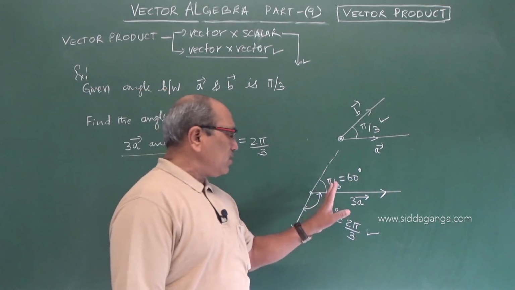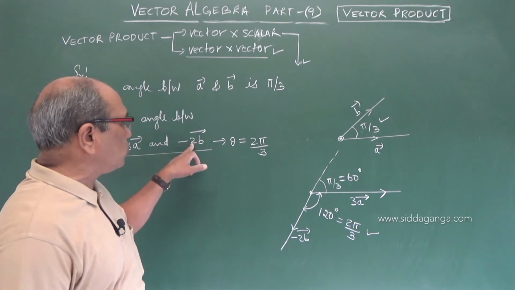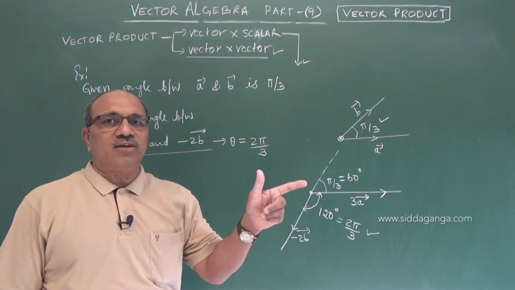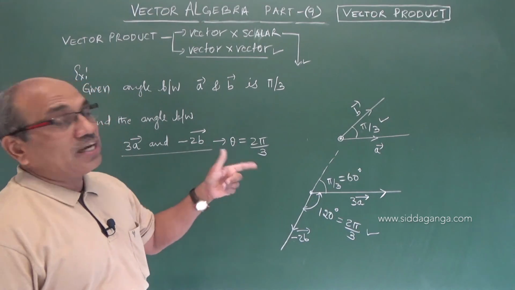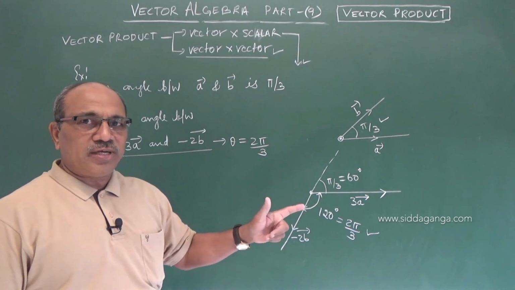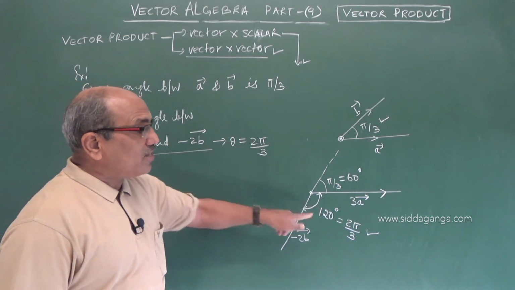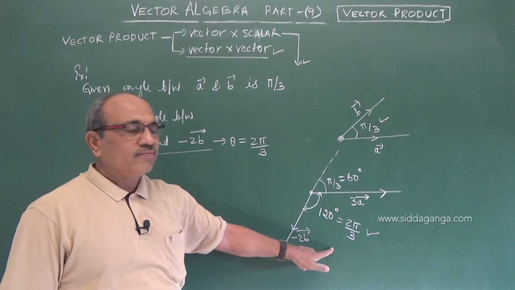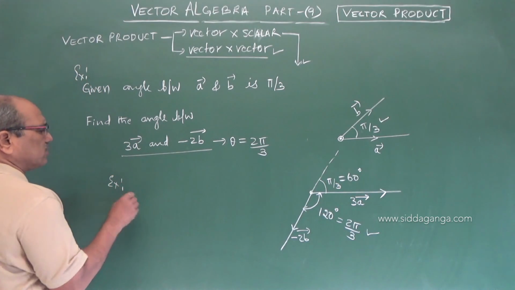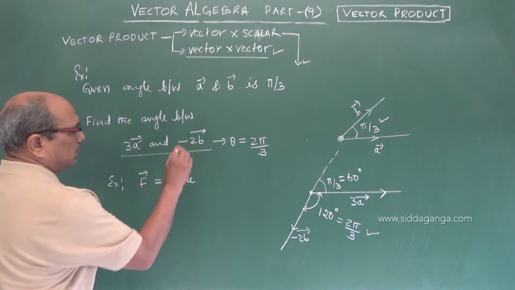See, just by multiplying with the numbers 3 and minus 2, even the angle changes. That is the beauty of the scalar multiplied with a vector, not a product. A scalar multiplied by a vector can change the magnitude, the direction, even the angle. The best example you learnt in physics in high school: force F equals m into a.